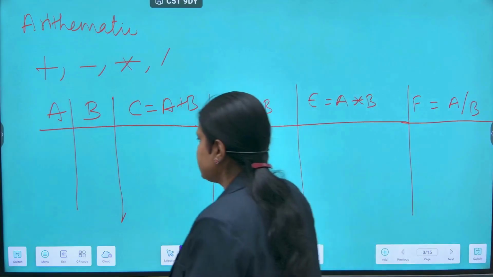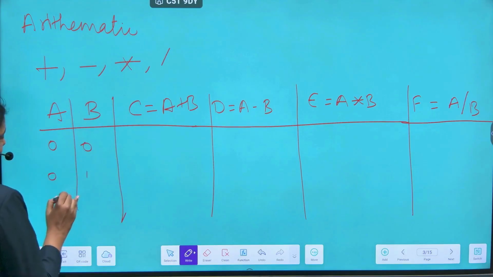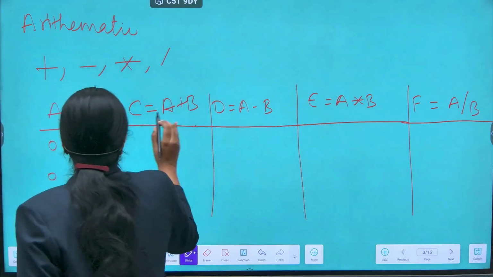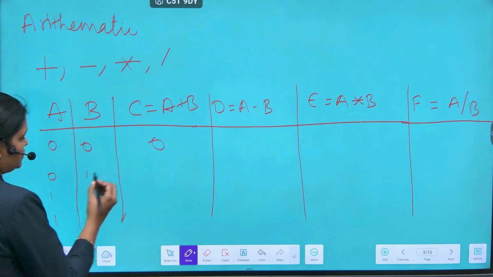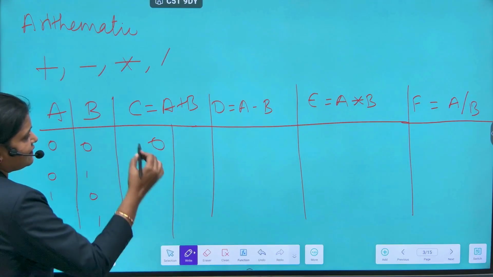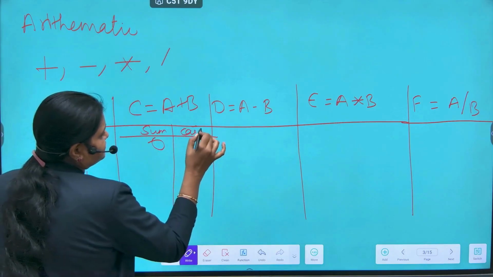Now let us take the values of A and B: 0 0, 0 1, 1 0, 1 1. So C is equal to A plus B, that is 0 and 0 gives me 0. And for A plus B, here I will have sum and carry.